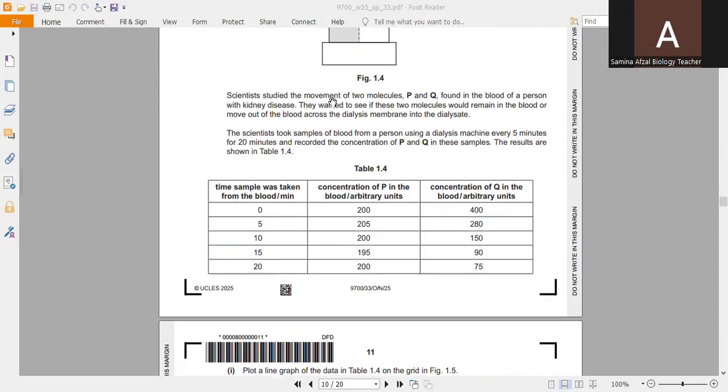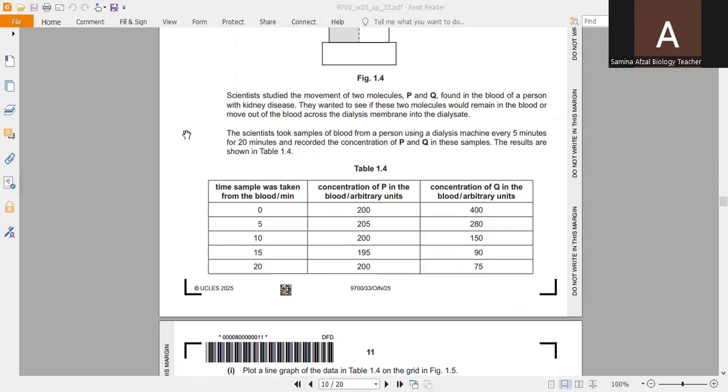Now, scientists studied the movement of two molecules, P and Q, found in the blood of a person with kidney disease. They wanted to see if these molecules would remain in the blood or move out of the blood.